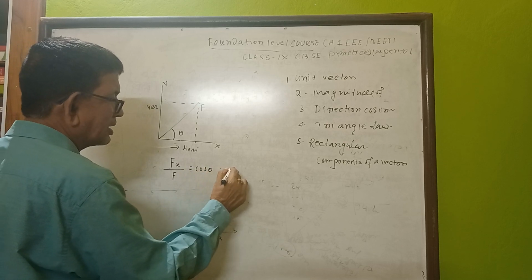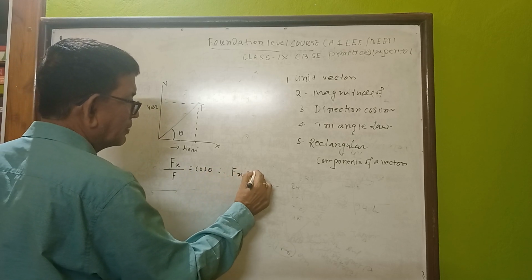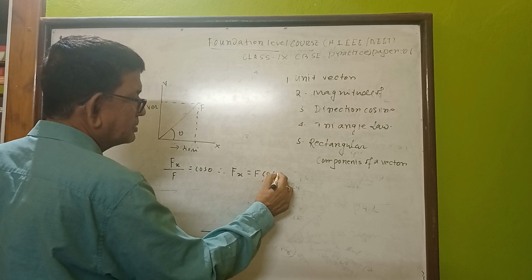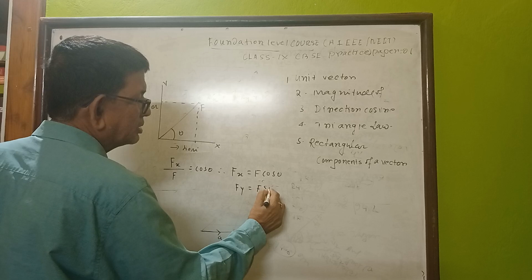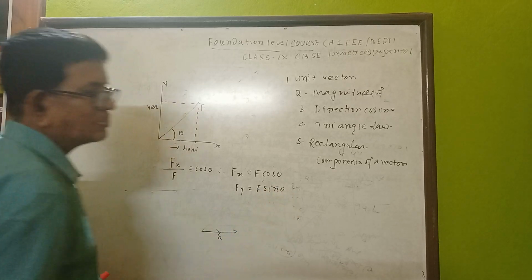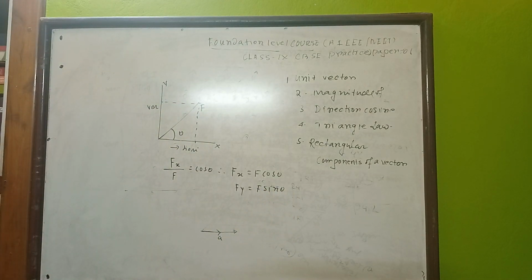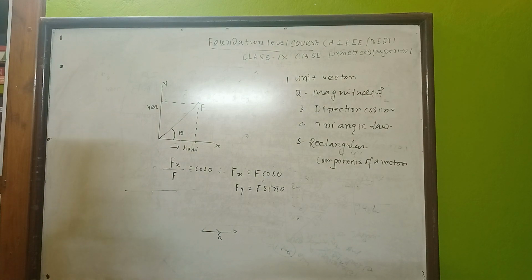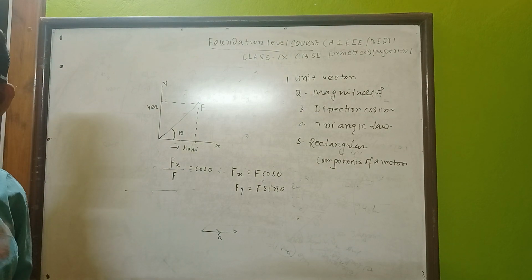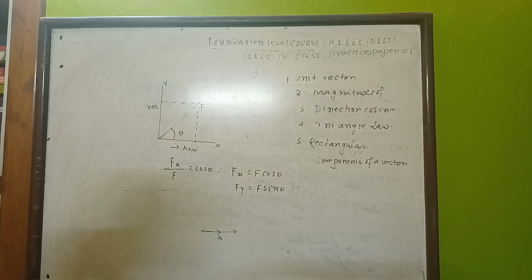So along the horizontal line, Fx equal to F cos theta. Similarly, Fy equal to F sin theta. This components concept is very important when you are doing two-dimensional motion, that is projectile, because this concept is used in oblique projectile.